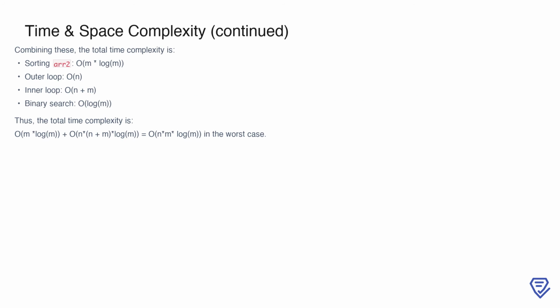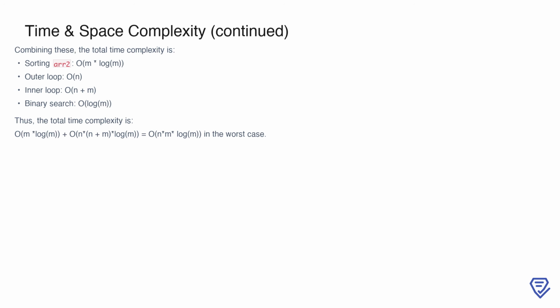When we combine all these components, we can calculate the total time complexity. Sorting ARR2 contributes m * log m. The outer loop takes n, and the inner loop iterates over up to n plus m elements. For each iteration of the inner loop, we perform a binary search, which takes log m.